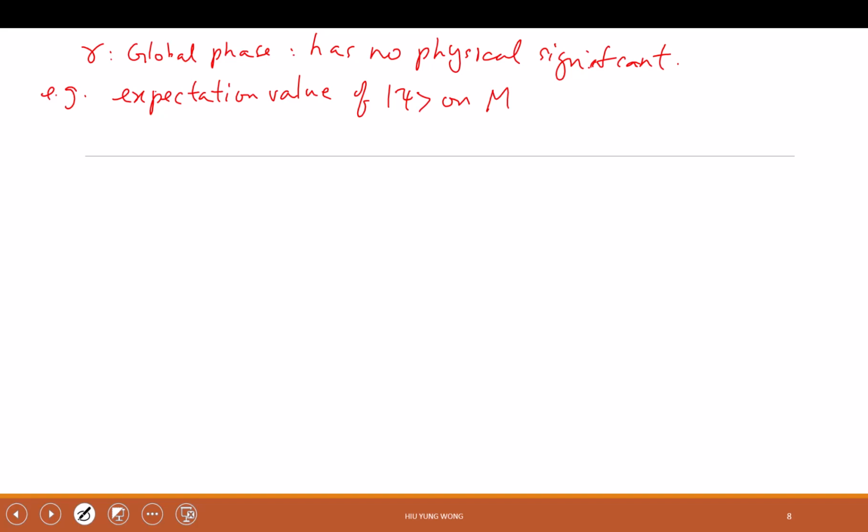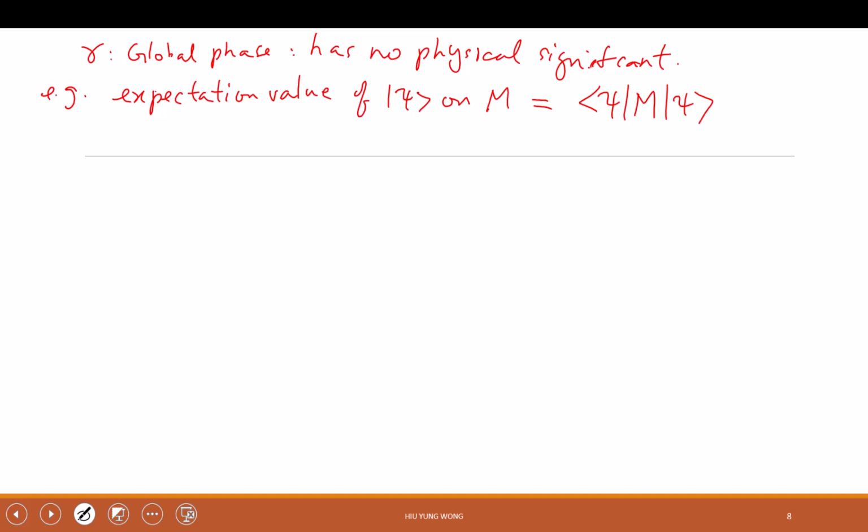When I measure it, what is the equation? Do you remember? It's just a sandwich, right? Bra psi, M, and then ket psi. Remember this? If you forgot, just treat it as a new piece of knowledge. That's how you find the expectation value when you do the measurement.